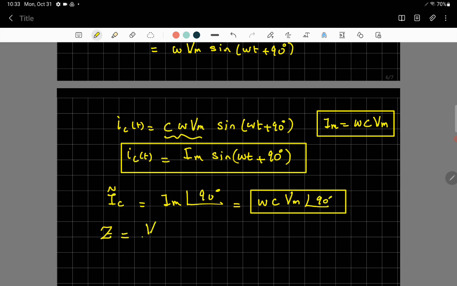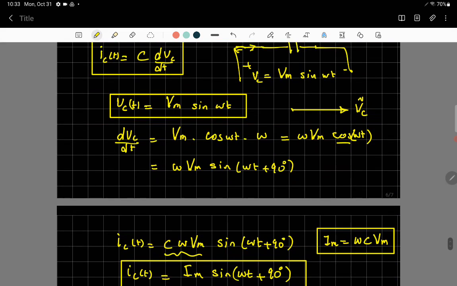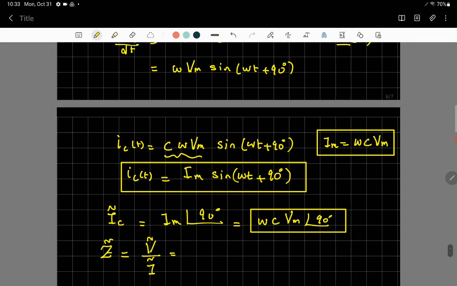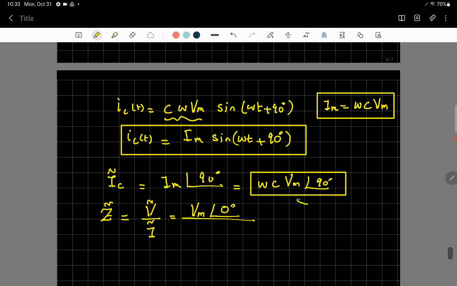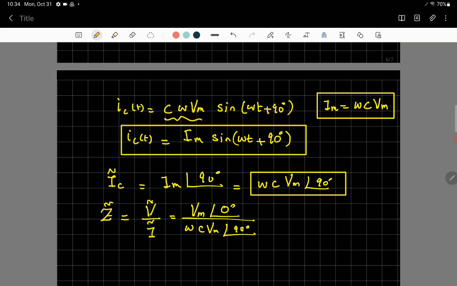You divide voltage by current, but all should be phasors. The voltage phasor, we have here, is Vm sine omega t. It means you have Vm angle 0. The current, we have here just the current. So it's equal to omega C Vm angle 90. Vm cancels Vm.